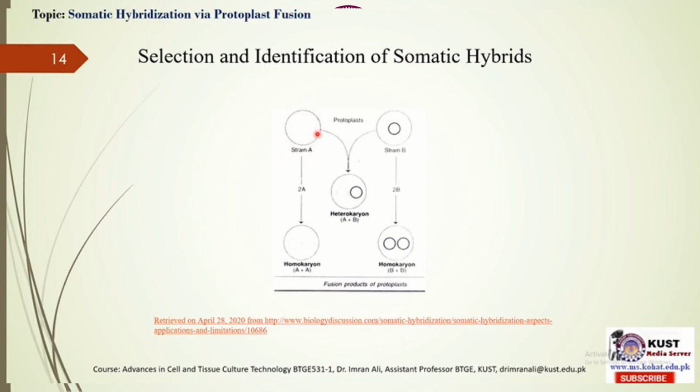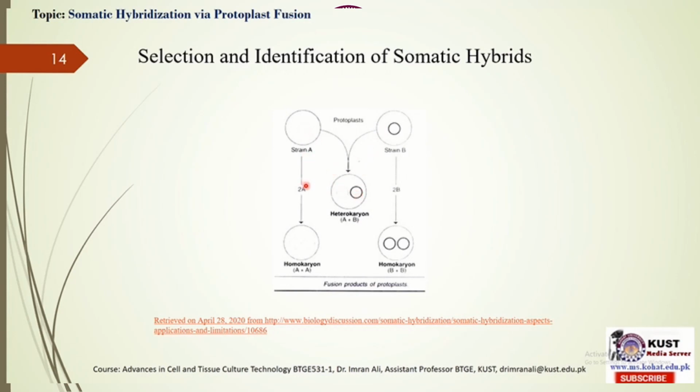In protoplast fusion or in somatic hybridization, we always take two plants which are unrelated or which cannot be crossed naturally, which are sexually incompatible. We take these strains and we isolate the protoplast. Now, it is the heterokaryon. Heterokaryon is the combination of protoplast from strain A and strain B, or plant A or plant B.